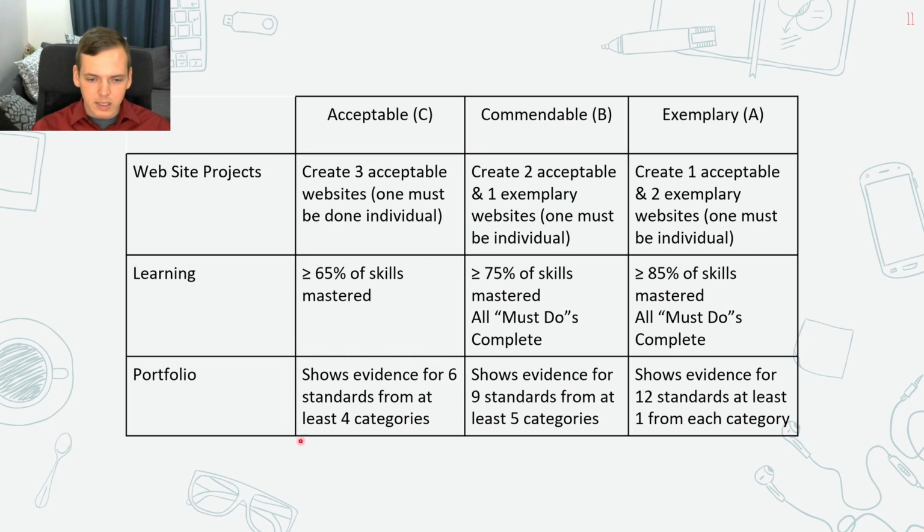I want to see at least 6 of those standards. You give me sufficient evidence for 6 of those standards for a C, 9 for a B, and 12 for an A. This is a list of about 27 or so, so there's a lot you can choose from and see what works for you.